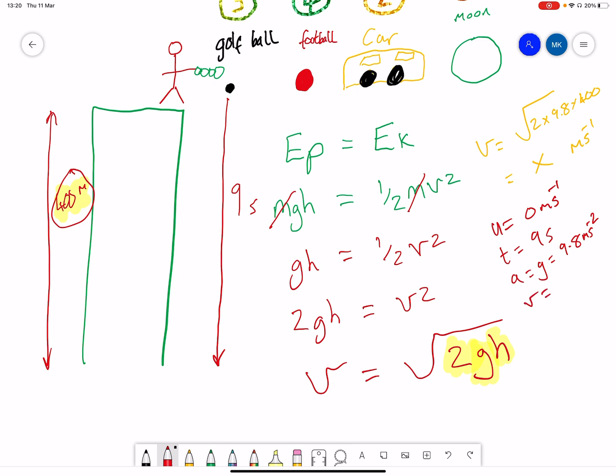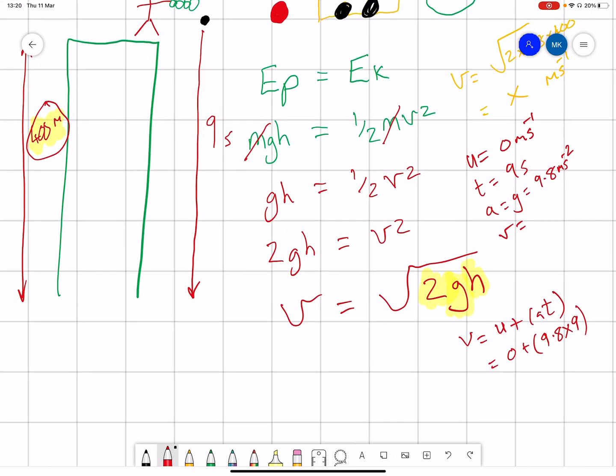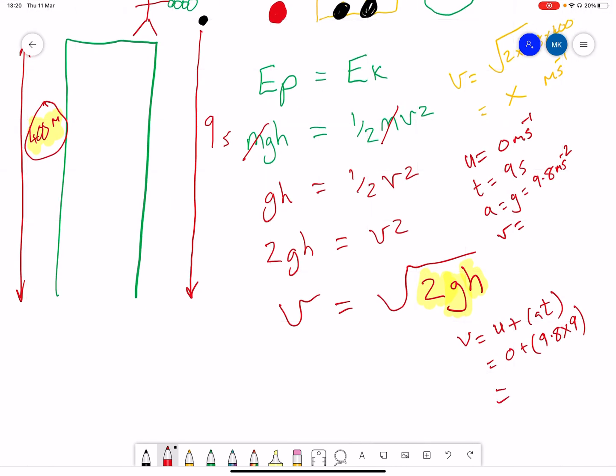So we can calculate v. v equals u plus at, 0 plus 9.8 times 9, which is 88.2 meters a second.